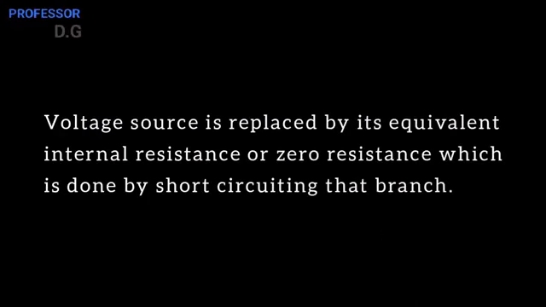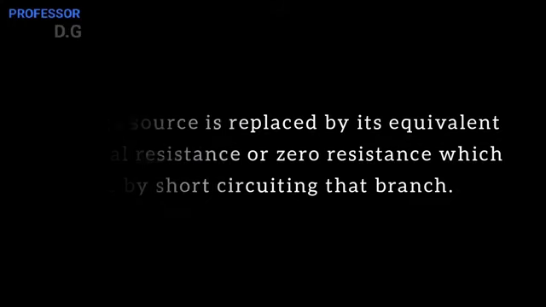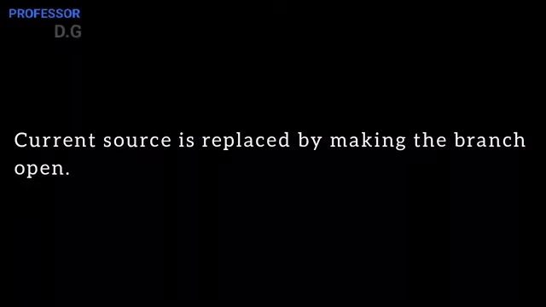That's why a voltage source is eliminated or replaced from a branch by applying a zero resistance across that branch, or by making the branch short circuit. If any current source is there in the circuit, it will be replaced by making the branch open.